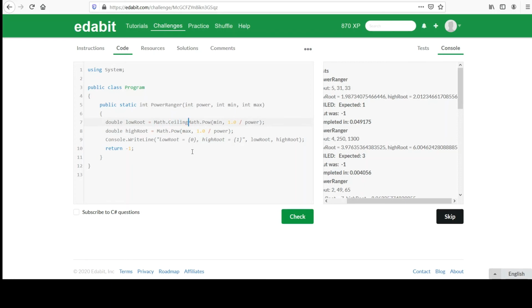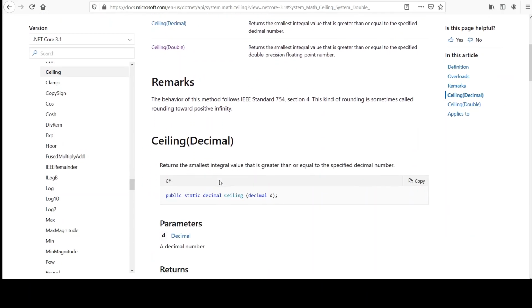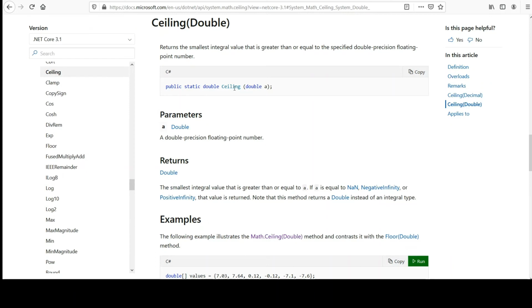So you may guess these functions are in the math class. So Math.Ceiling returns the smallest integral value. Good. And it's going to return it as a double. So again, we'll have to cast there.